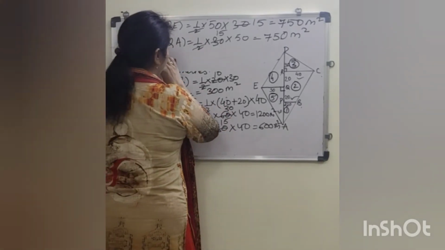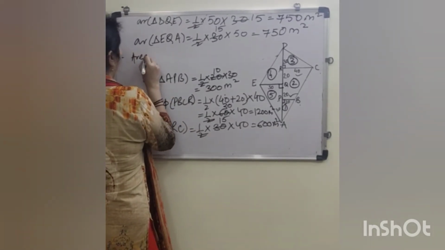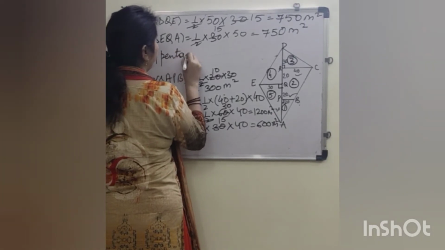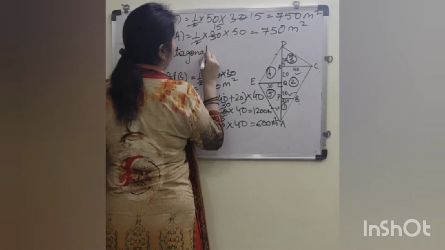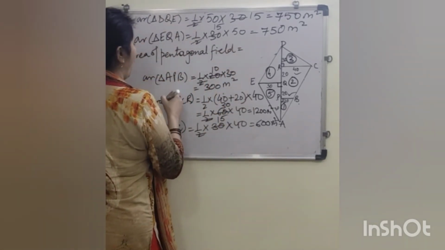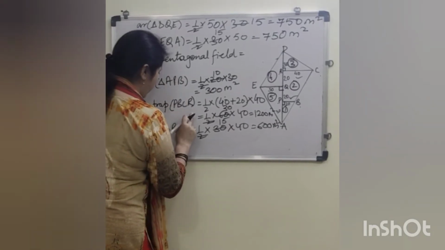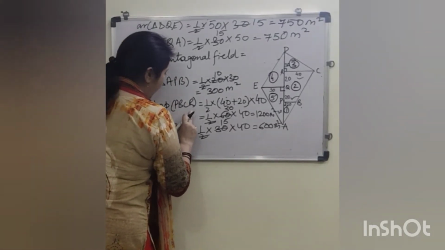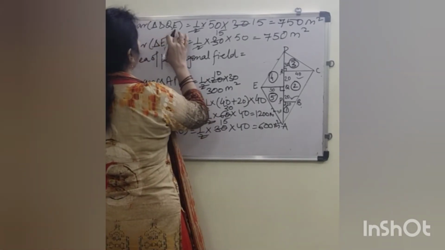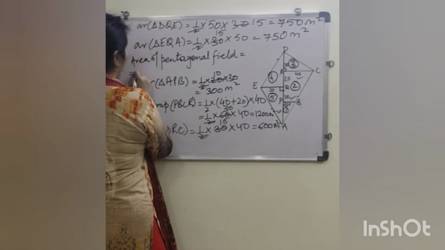Now, to get the area of the pentagonal field, it equals the sum of all these areas. You will write area of triangle APB plus area of trapezium PBCR plus area of triangle DRC, then area of triangle DQE and area of triangle EQA. You will add up all the values.